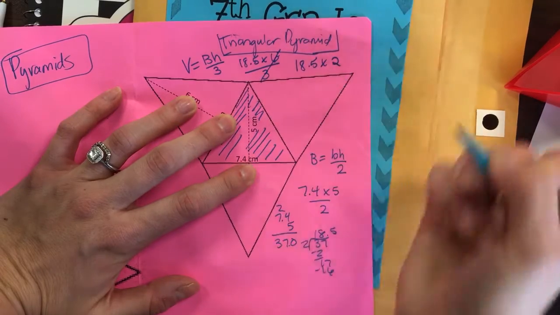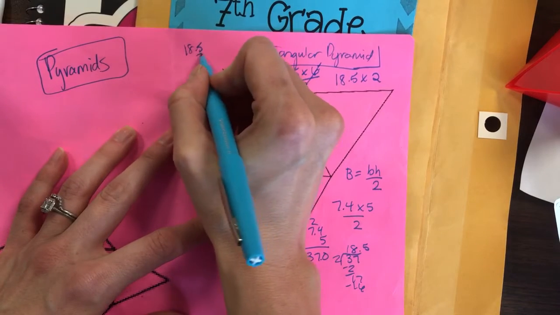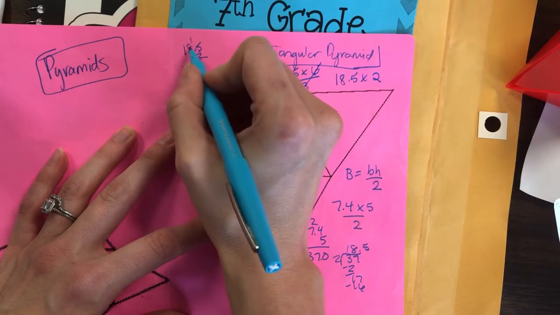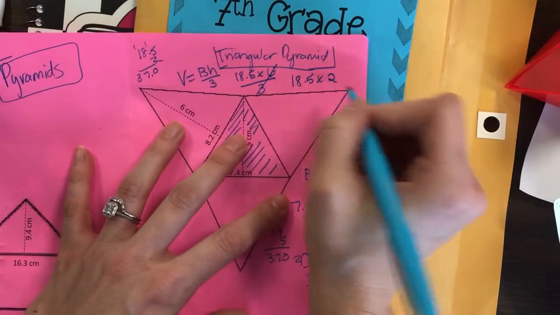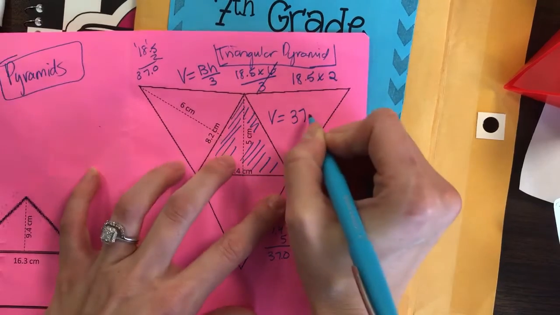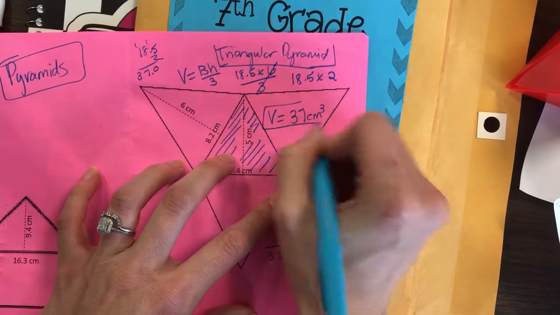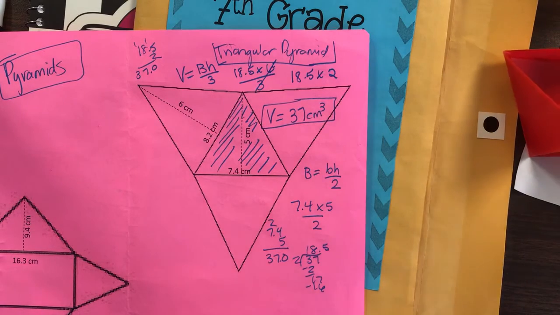So that kind of makes it a little bit easier on us. So 18.5 times 2. So my volume should be 37 centimeters cubed.